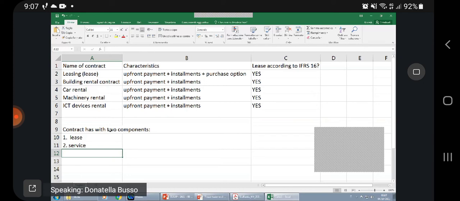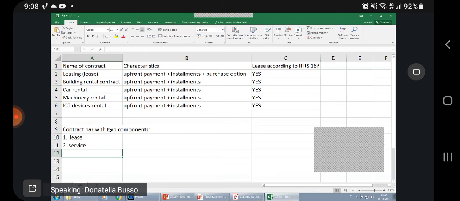Keep in mind these details because when we discuss revenue recognition, control of the asset or control of the right to use the asset are a little bit different. But you're right, if I control the use of the asset, this is a lease. Is this clear for everybody?